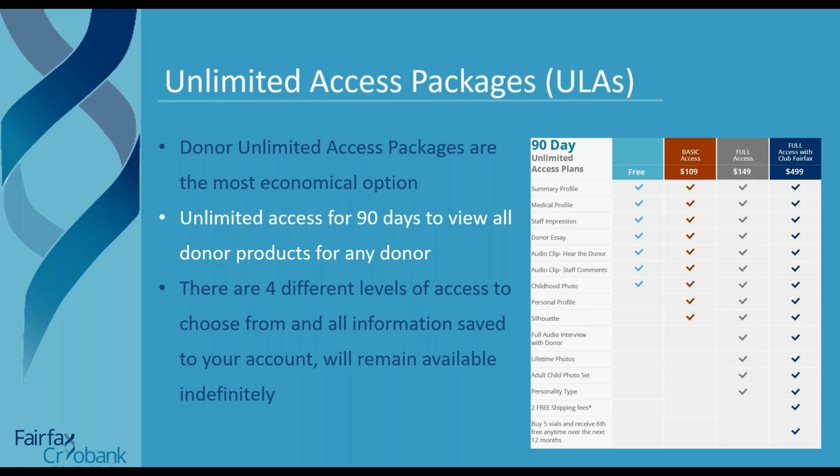That's going to allow you to look at everything available on the website for the donors for 90 days. That includes their photos and the audio interviews. You're also going to be able to view that after your 90 days are up, in your order history in your account. You find out a ton of information, and that really does help you narrow it down.